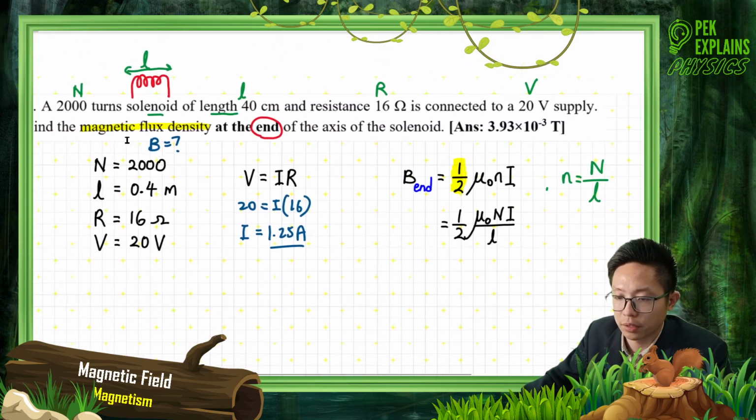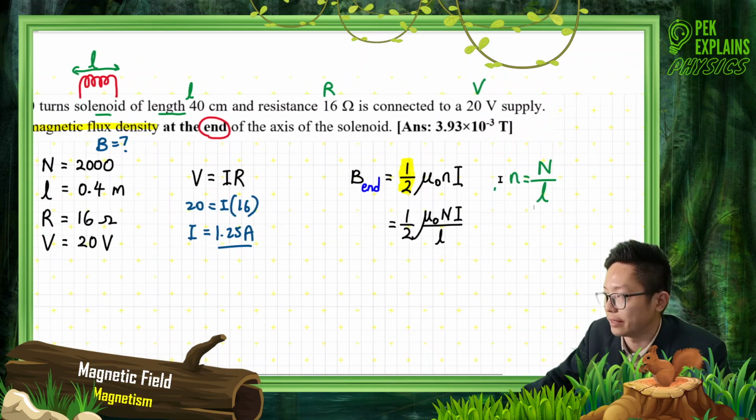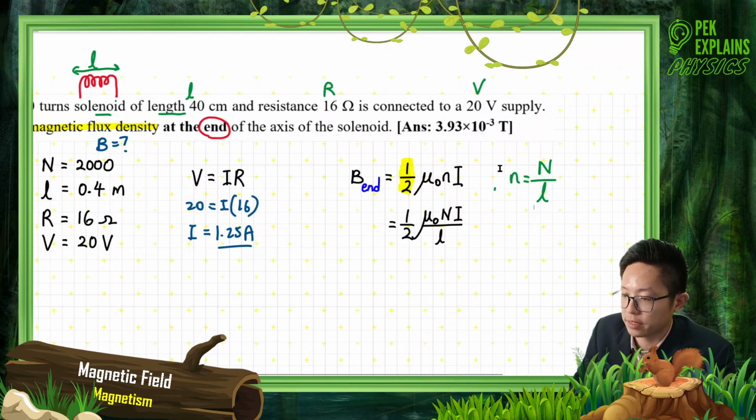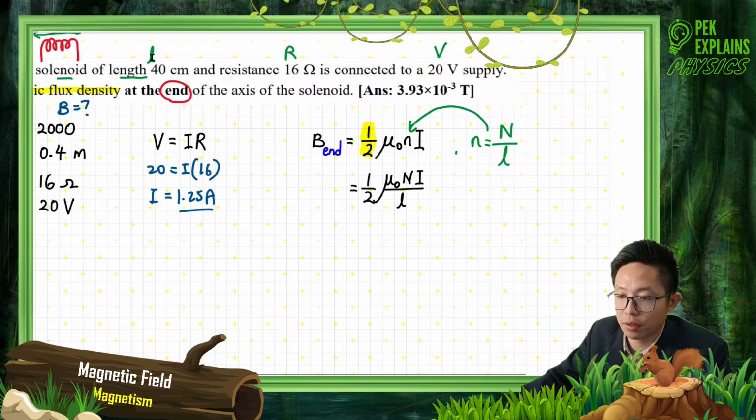I already have the total turns, 2000, and the total length, so I can find the small n, the number of turns per unit length. I just substitute inside here, and then I got this formula. For the end, we use half mu naught n I. So I just substitute all the values inside, and that's the answer.